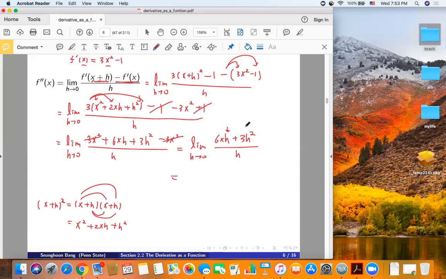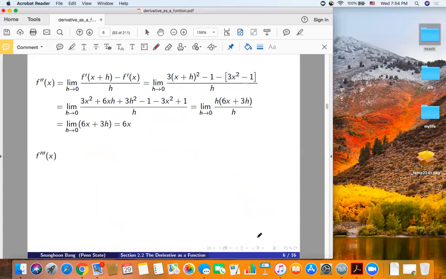The h is a common factor. Factor out h: h times 6x plus 3h over h. The h is crossed out. Limit as h approaches 0 of 6x plus 3h. The last one, you plug in h equal to 0. 3 times 0 is 0. The remaining thing is 6x. This is the second derivative. This is the whole idea.